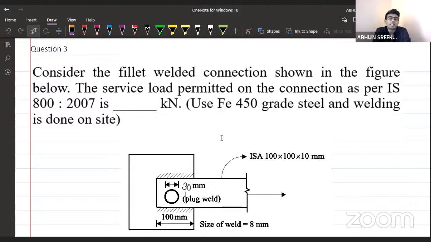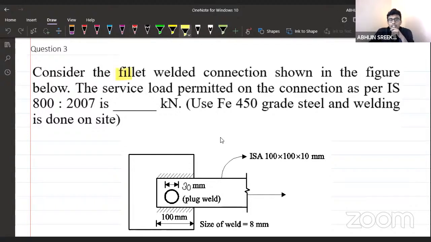I will tell you the possible mistakes you are going to make in this question. So, fillet welded connection shown in the figure, and I need to calculate the service load. Yes, answers please. Assuming that you people are solving this, I will read the question for you.